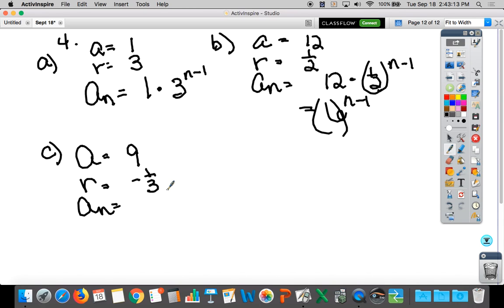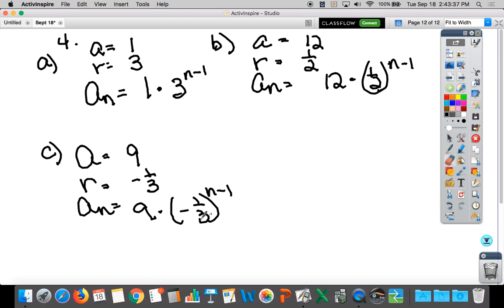So, sometimes we forget fundamentals when we're working a problem quickly and we think that we need to simplify and we kind of get ahead of ourselves, and it's real easy to forget our fundamentals, but you do not want to multiply those because exponents would come first. And so this would be 9 times negative 1/3 to the n minus 1.